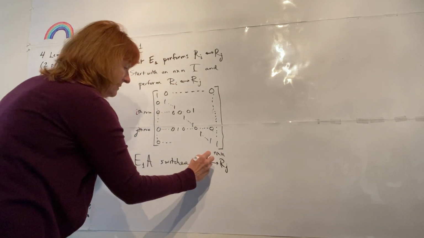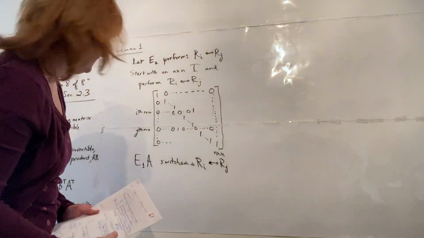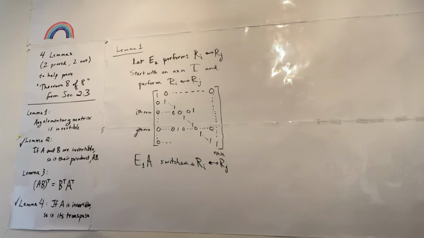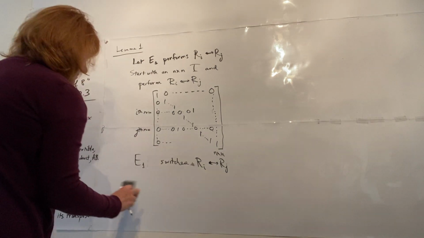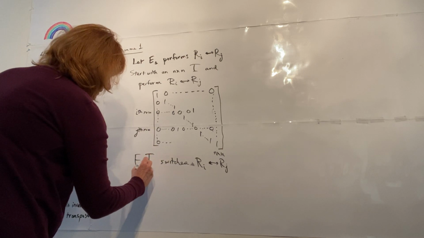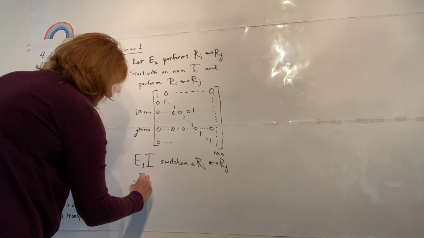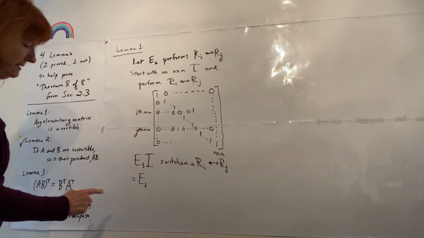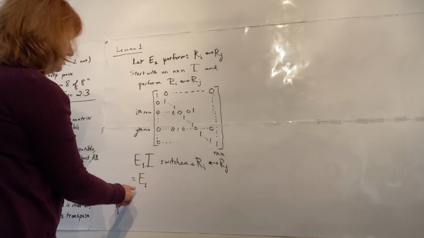Right, we talked about that in the last video. So if I do that to the identity matrix, well, I'm just going to get E1, right? Because anything multiplied by the identity is itself.